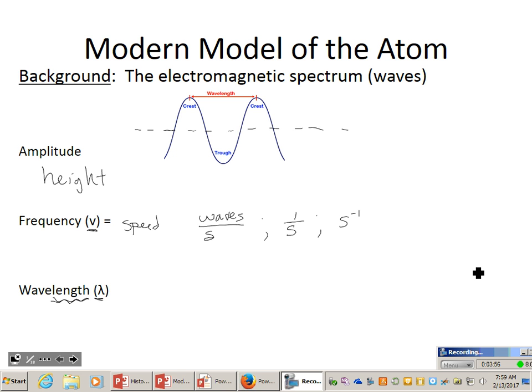Meter. Right. Now, typically these are not lengths that we can see really well, so we would measure it in a meter. The one on the spring we could measure in a meter. However, much more commonly when we're dealing with light, we're going to measure that in nanometers. Do you guys remember that nano is 10 to the negative 9 meters?